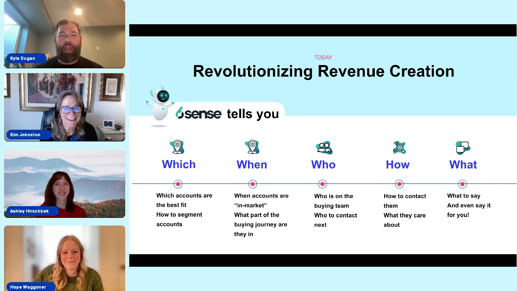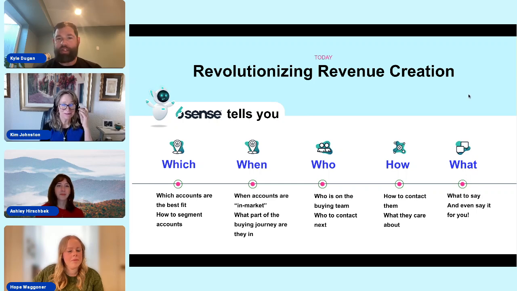So when they're ready to go through these stages, be it purchase, decision, consideration, awareness. Who is the right person on the buying team to contact? How to contact them? And then also what, and that is what to say. And thanks to generative AI, sometimes it's even saying it for you. So that's a little bit about 6Sense.